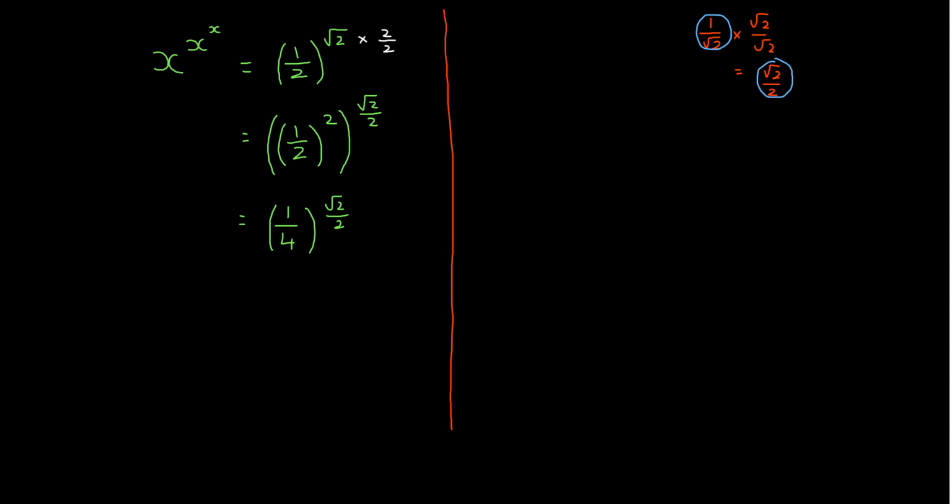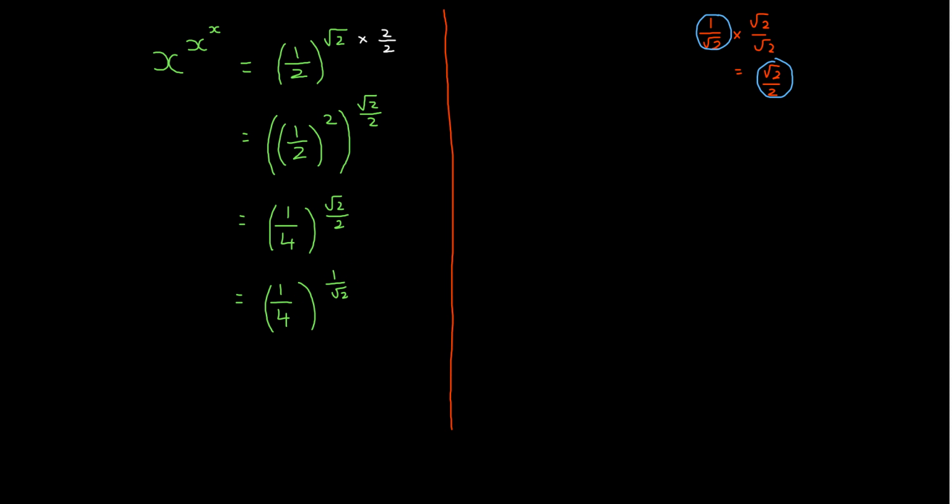So I can rewrite this as 1/4 to the power of 1 on root 2. You can see I've changed my 1/2 to the power of root 2 to 1/4 to the power of 1 on root 2. And maybe there was a faster way to do that, but this way's gotten us here.